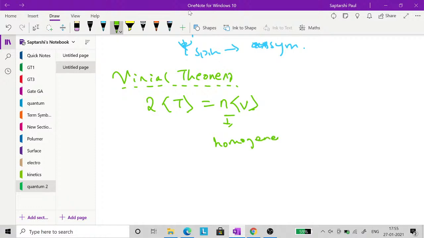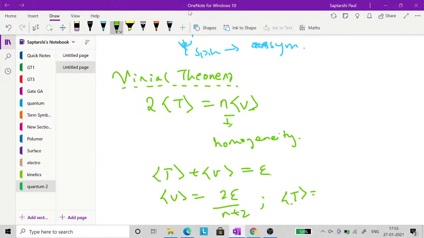Another thing to remember is that the total energy is T plus V, and the potential energy is 2E by N plus 2, and the kinetic energy is NE by N plus 2.